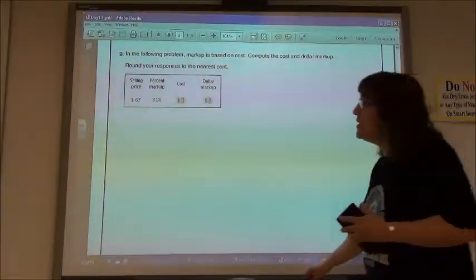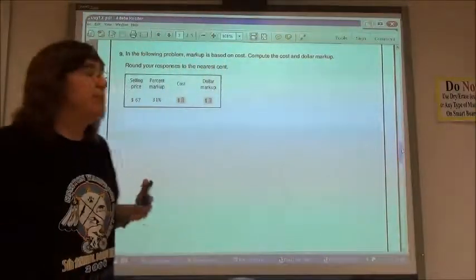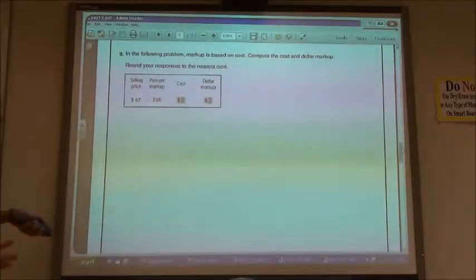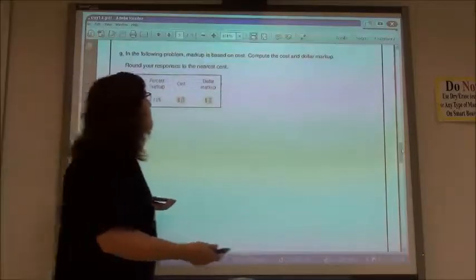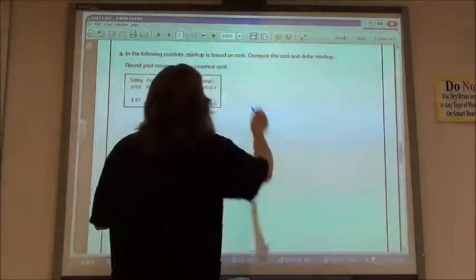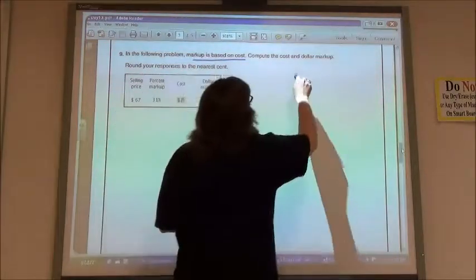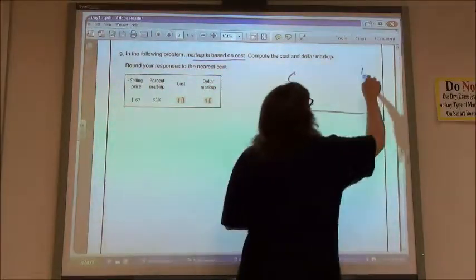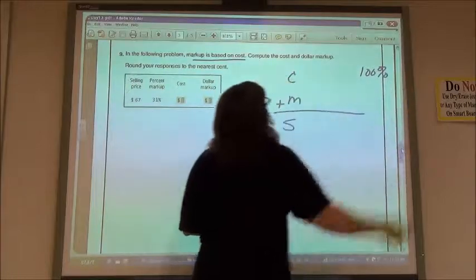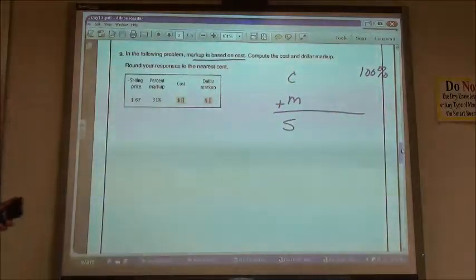So we have lots of these problems that sort of look the same. To me, it helps to set up that table to think about how I need to set up the problem every time. In the following problem, again, my markup is based on my cost. So my cost plus my markup is equal to my selling price. This is my 100% over here because it's based on my cost.